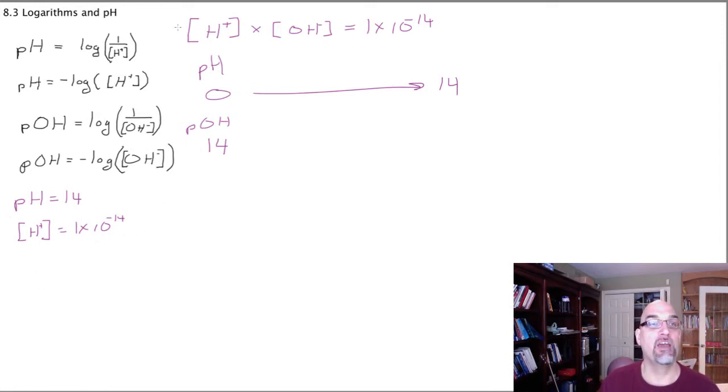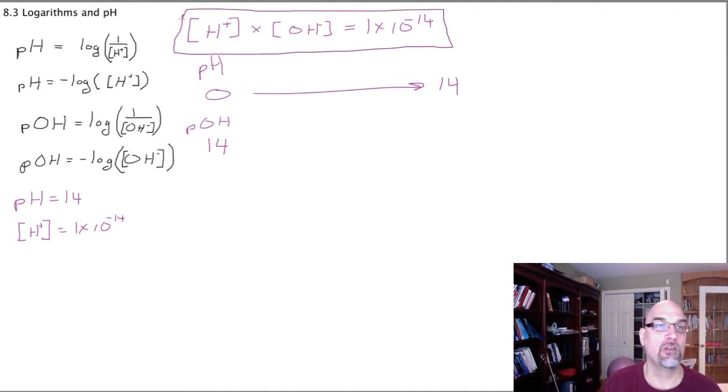Okay, so again, by this formula that we used a whole bunch in the last section, that means then that my OH must be equal to 1. And you can calculate that. You could do that as an exercise. We've done practice problems where we've done this. So it's just using this formula. If H plus is 1 times 10 to the minus 14, then OH minus has to be 1.